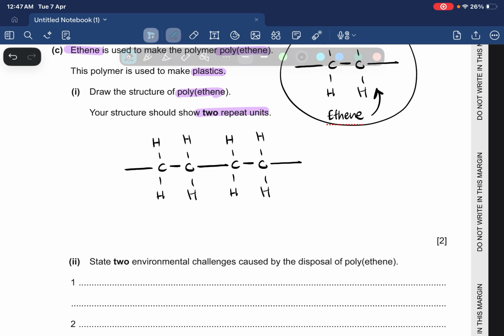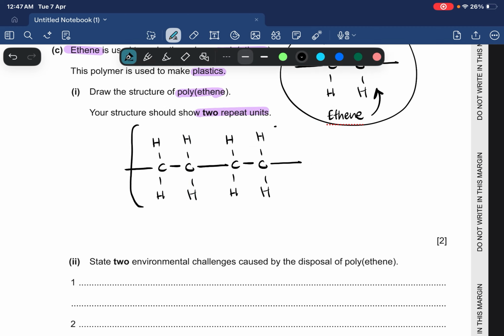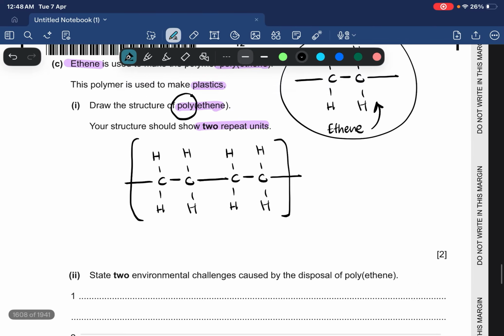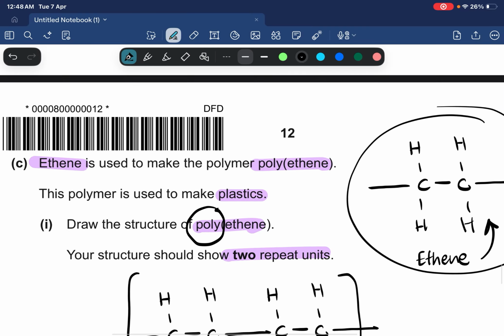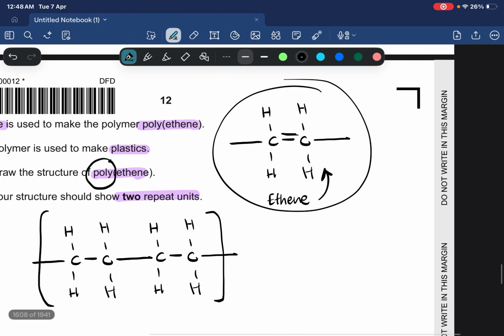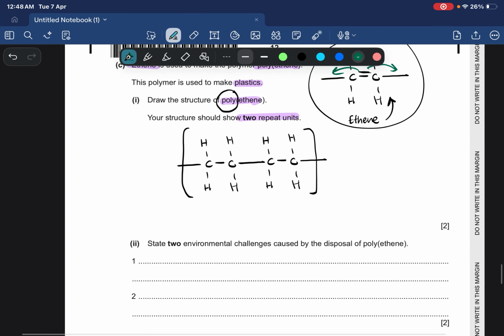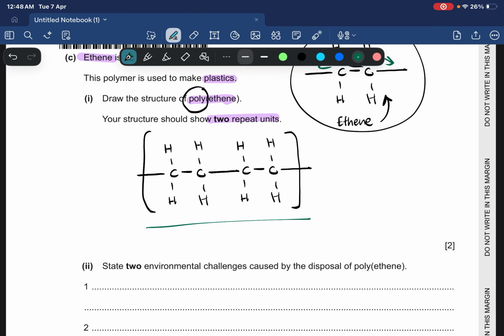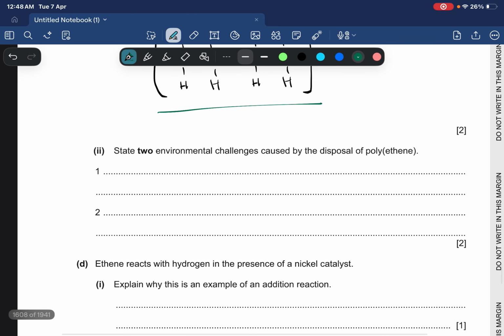So here I have my 2 repeat units of polyethene. Polyethene means ethene has been polymerized. The double bond in between has broken and we've got 2 extension bonds extending outwards. Got it? So that's the final structure. If you don't make 2 repeat units, you're going to lose marks. Just make sure you do everything that's being said.